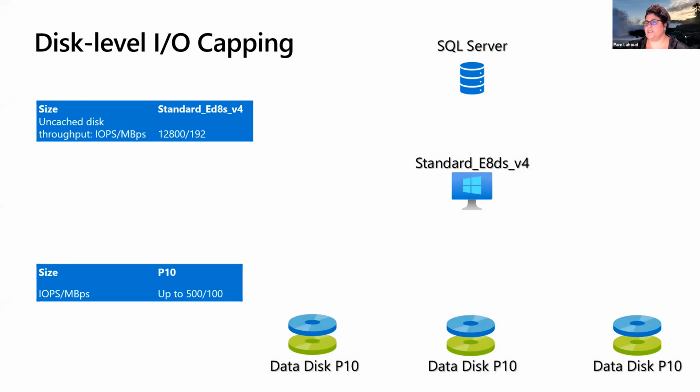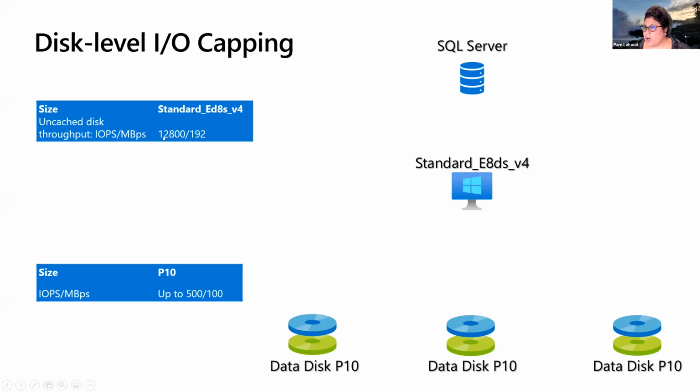So here's how the disk level capping works. I've got a series of animations here to try to describe how this works. We've got our application, which in our case is SQL Server. The example we're using throughout here is the E8 DSV4. Oops, I got a typo on my slide. I got to remember to go fix that. It's E8 DSV4.